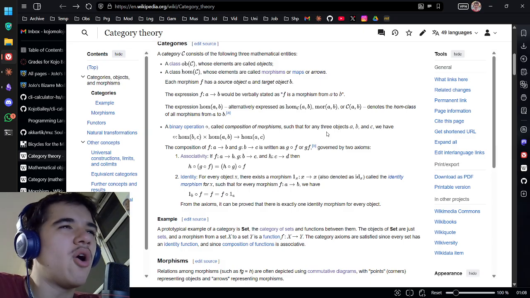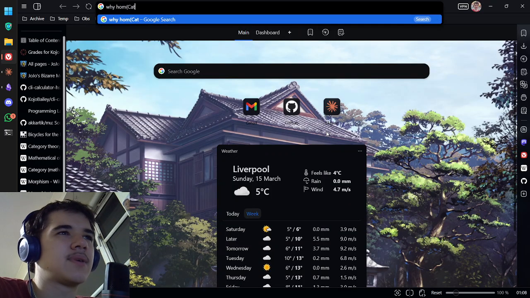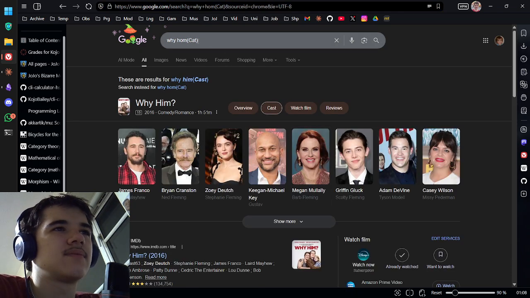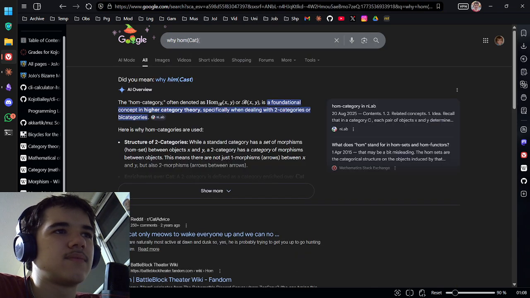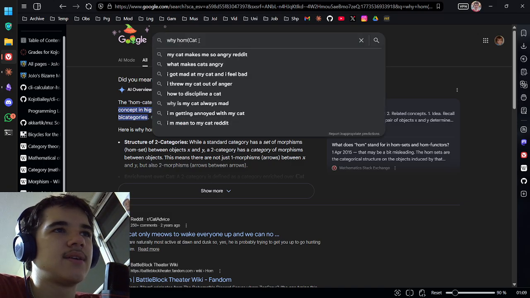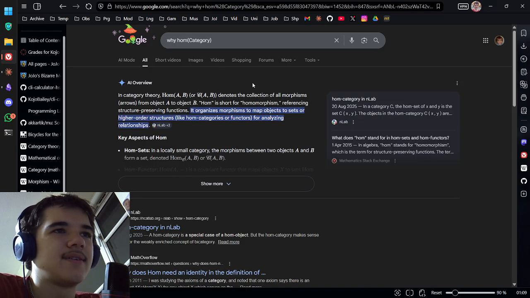Yeah, hom. Why hom? Why hom cat? Oh shit. Okay, that's not what I'm looking at. Hom category. Okay, yeah. So it's short for homomorphism.